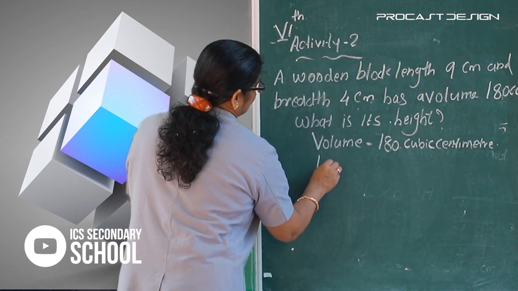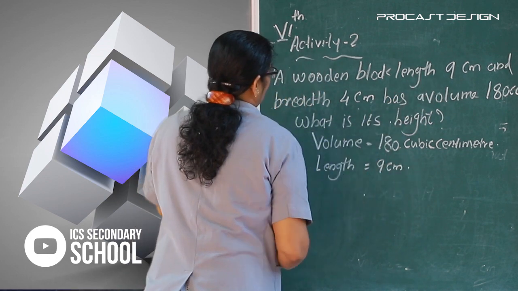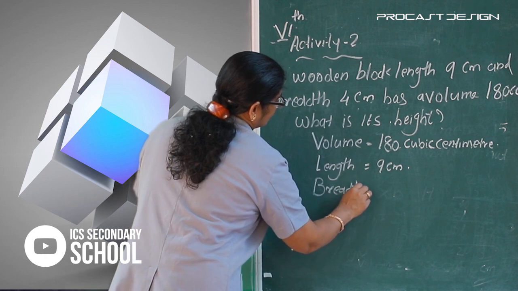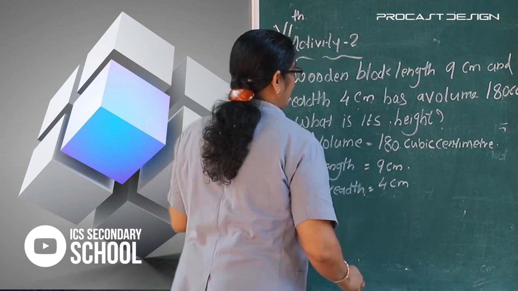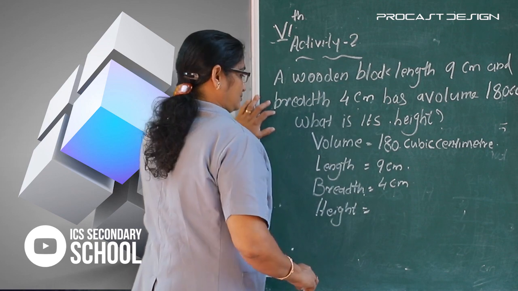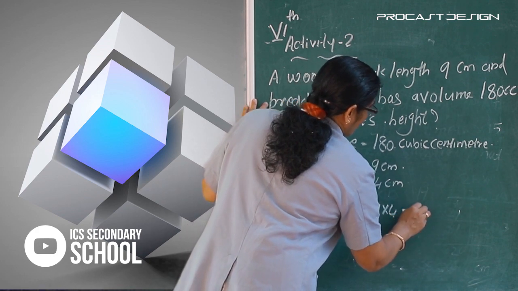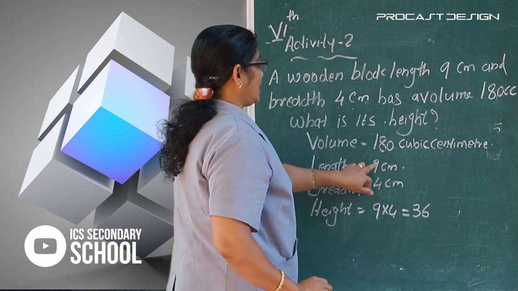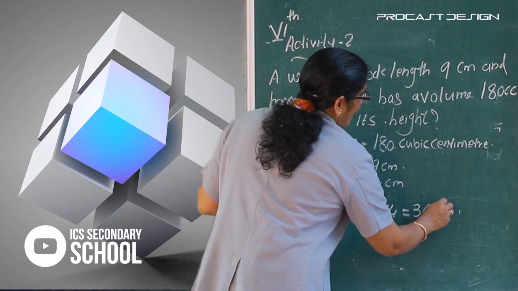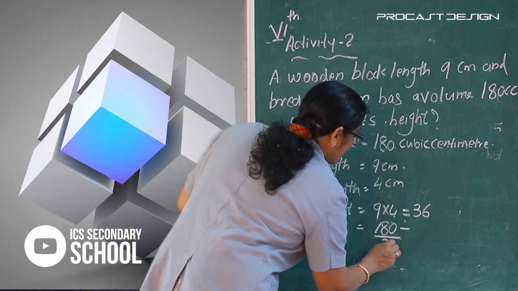Length into breadth: 9 into 4 is 36. Volume is 180, divided by 36.